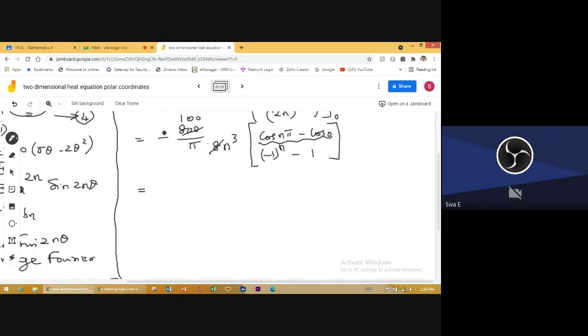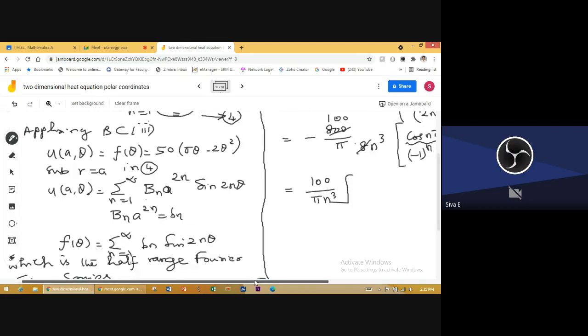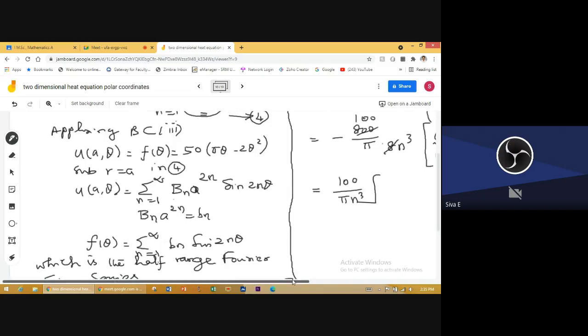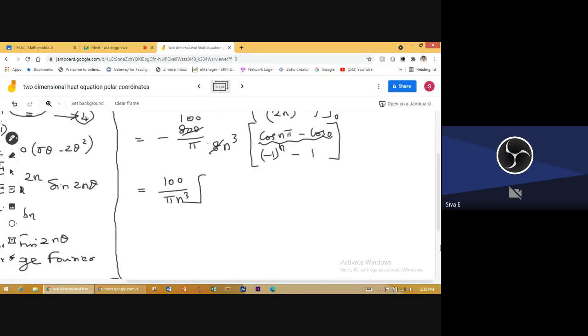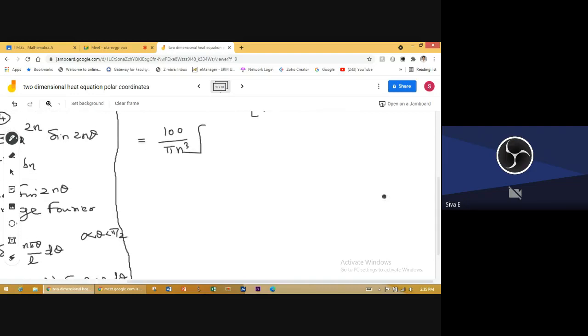But already minus is there, so make it plus. So 100 by pi n cube, 1 minus 1 whole power n.